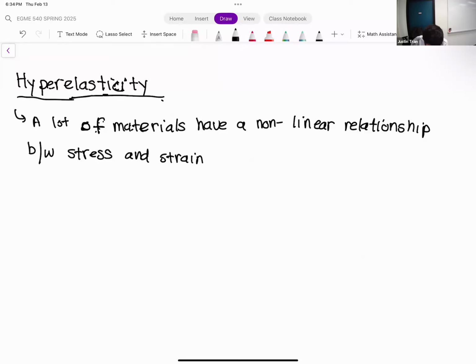Especially in today's modern age of people making their own materials, additive manufacturing and 3D printing have changed the landscape of this as well. And as we study more biological materials, like tissues in your body, animal tissues, there's a need for more robust and more flexible material models that may not have a linear regime.